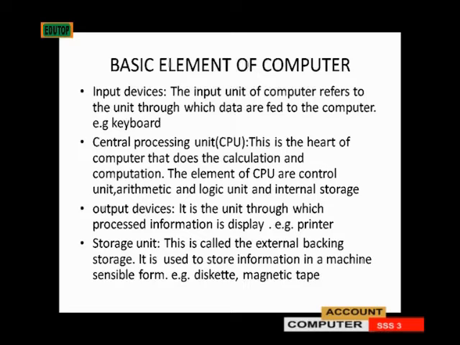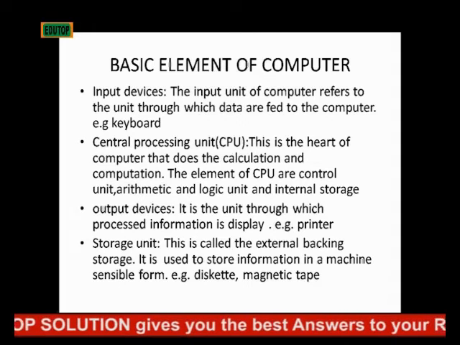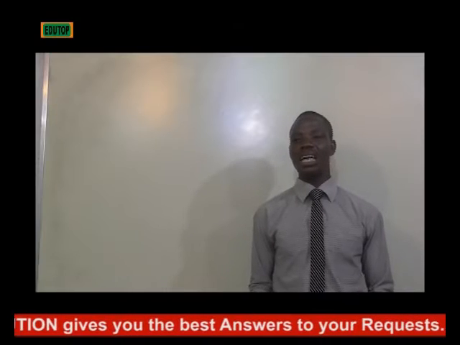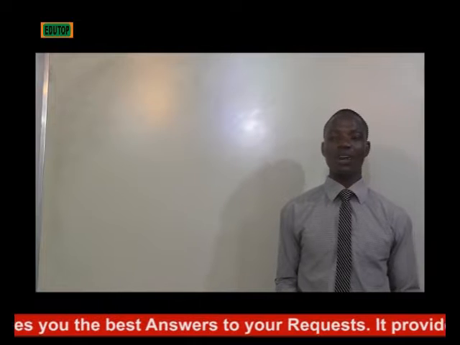The elements of the CPU are the control unit, which controls the activities of the system, and then the arithmetic and logic unit. This has to do with calculations, or anything that has to do with arithmetical calculation.